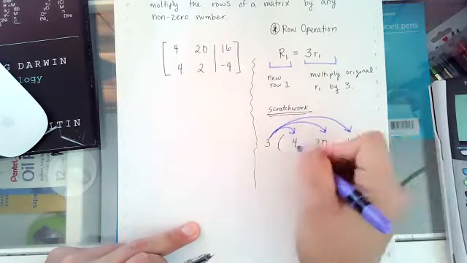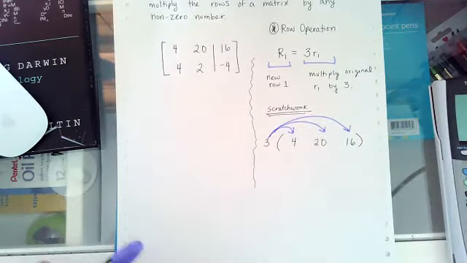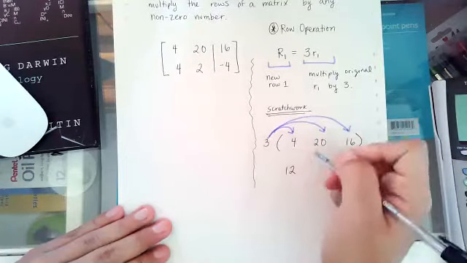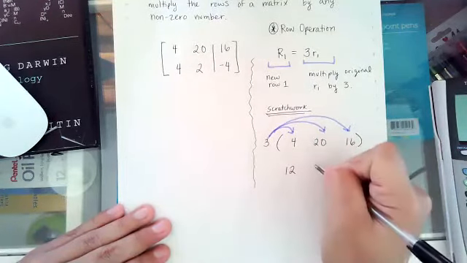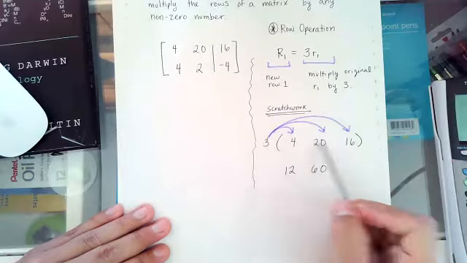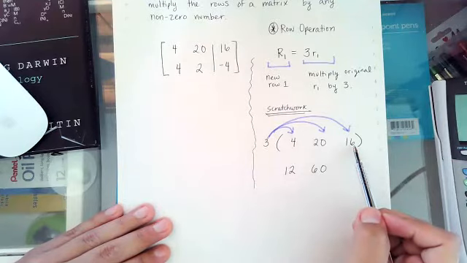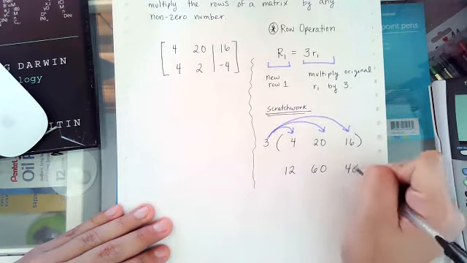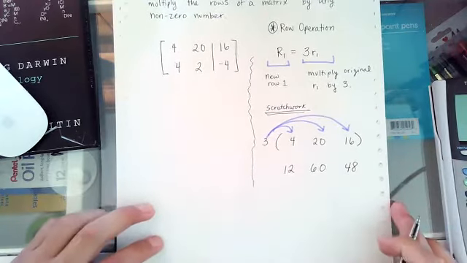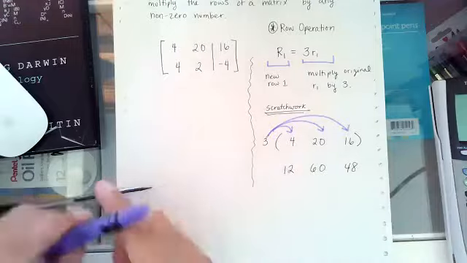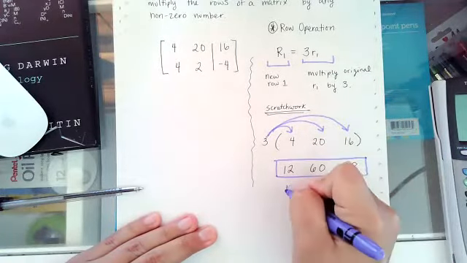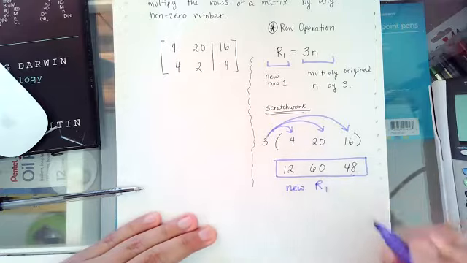Each item in that row gets multiplied by 3. So we should get 12, 60, and then whatever 3 times 16 is, 48. Isn't it 48? Yeah. And this thing here is our new row 1.